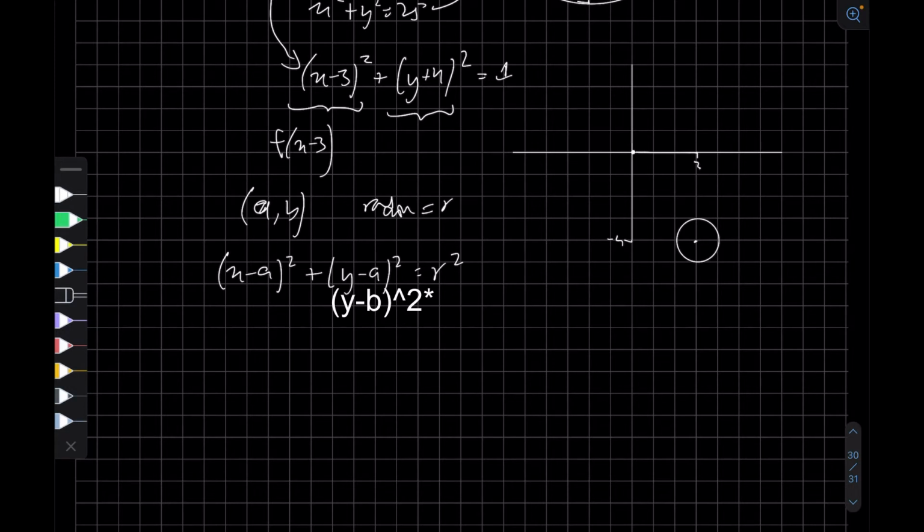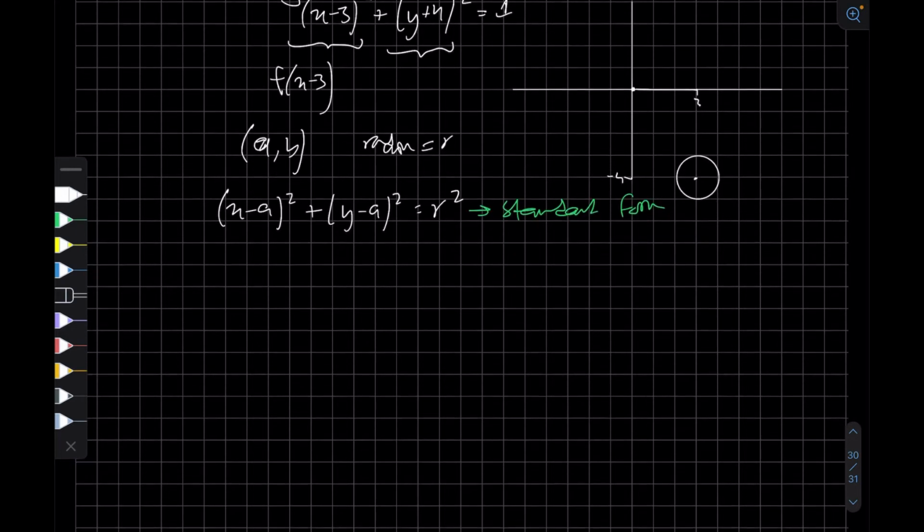This is called the standard form for the circle equation, and if I expand this, it will give me something like x squared plus some constant c times x plus y squared plus some constant d times y plus some e equals 0. This is the general form.